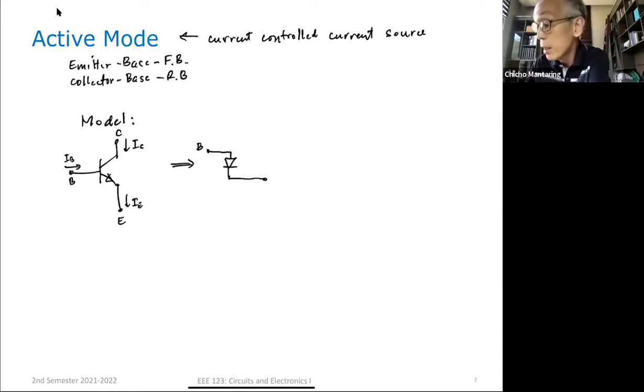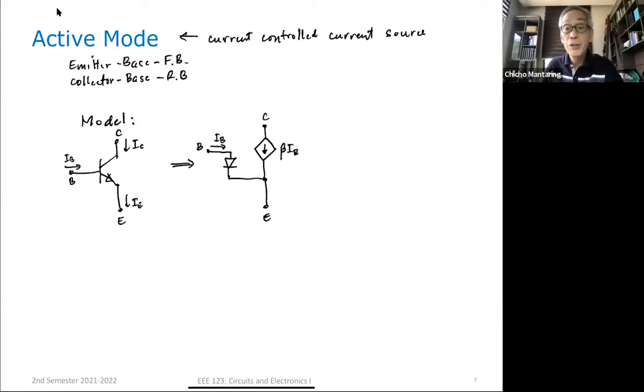And then between my emitter and collector, I have a controlled current source this way, where my controlled current source is equal to beta times IB, where this is IB. That is the model of my bipolar junction transistor in active mode.